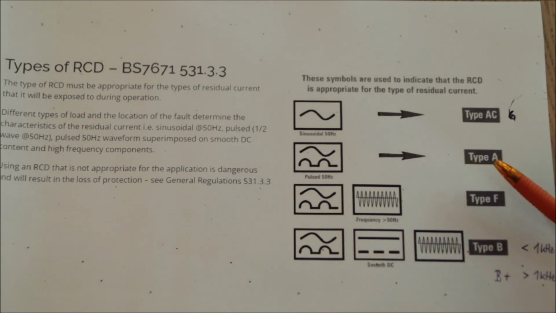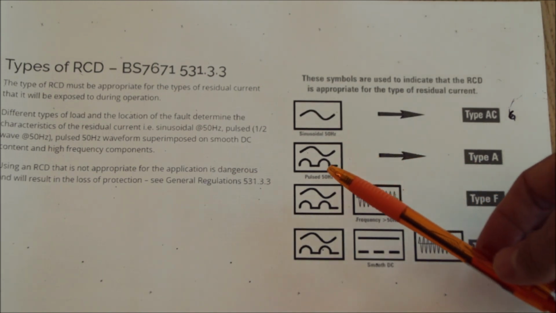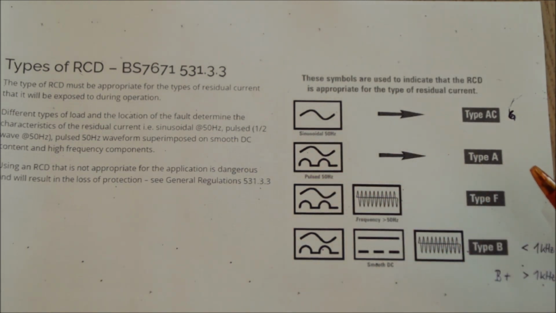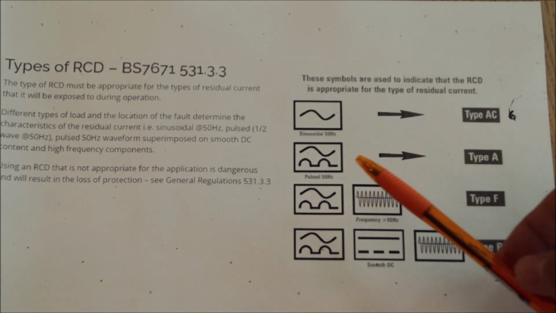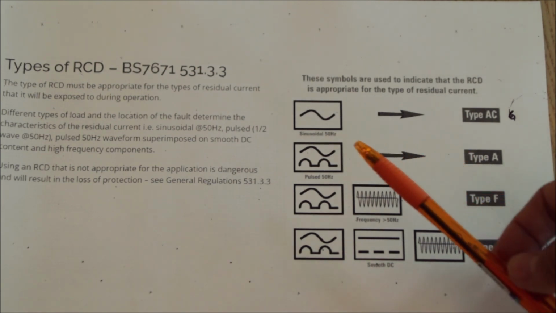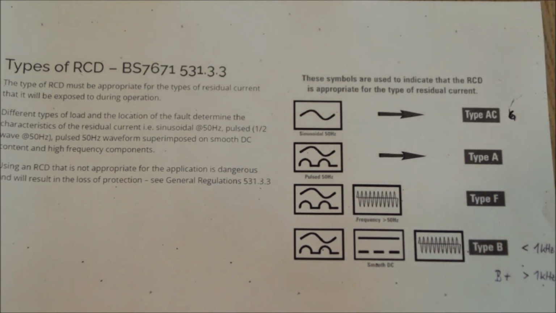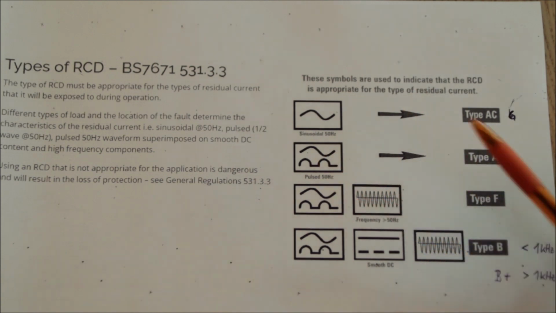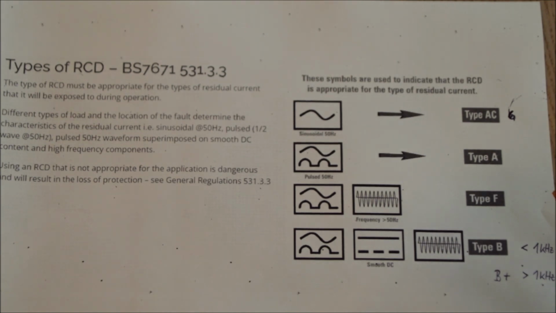The next type is then the type A, and additionally to the normal sine waves, it can also recognize pulsed DC. That means there is a rectifier somewhere in the connected device, and if there is a fault in the later stages, then the residual current could also look like a pulsed DC wave, like you can see here. And this will then be recognized by the RCD.